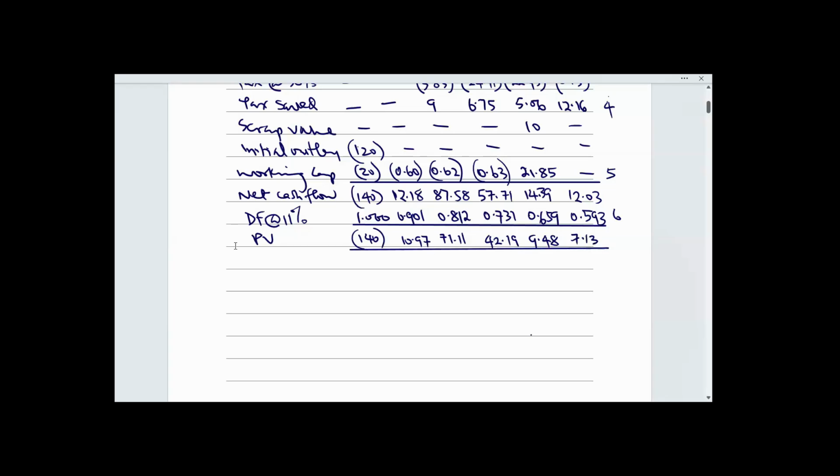So to now get the NPV, the net present value, we are supposed to add up all the positive present values.